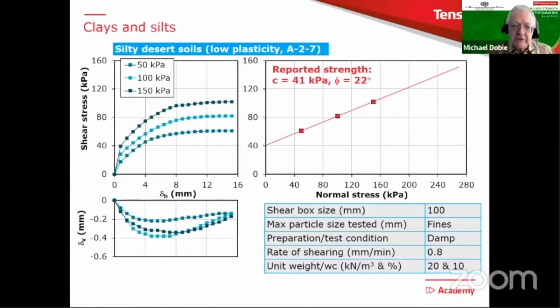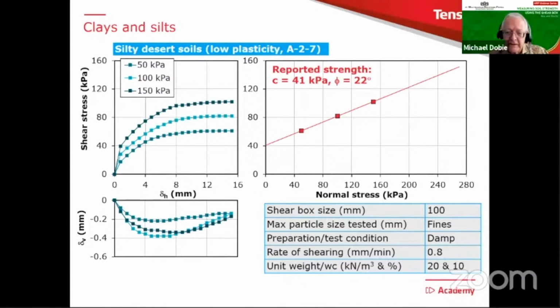These are some tests on silty desert soils. They're low PI, and they're classified in AASHTO as A2-7 soils, so that should tell you something about them. And what we see here is a reported shear strength of C equals 41 and phi equals 22. Now, what do you think about that? Well, let's have a look at the information.